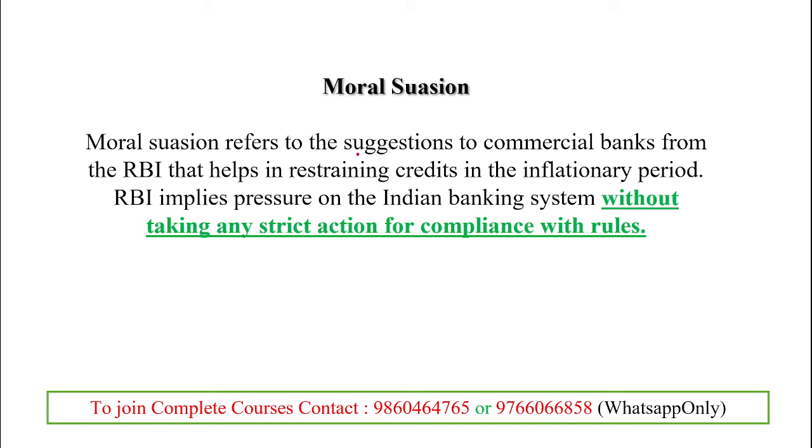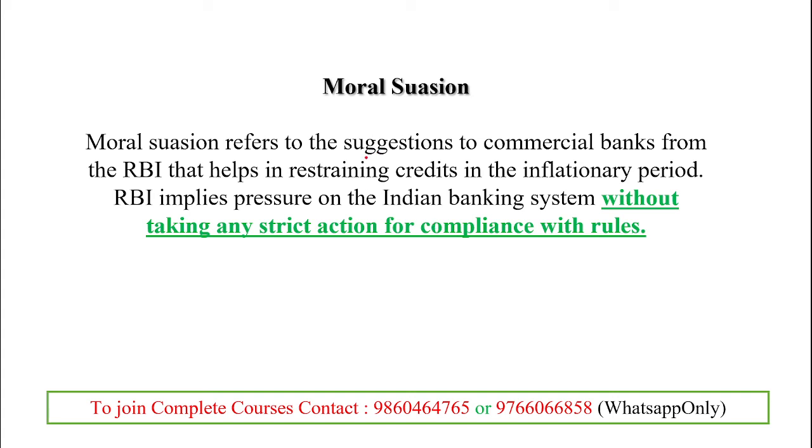The other one is simply moral suasion. Here the RBI does not employ any strict or stringent measures to regulate the money supply. It will just give suggestions, or make a moral appeal to the commercial banks to regulate the money supply, so that they do not need a stringent measure. So it makes it easy for the commercial banks to control their money supply.